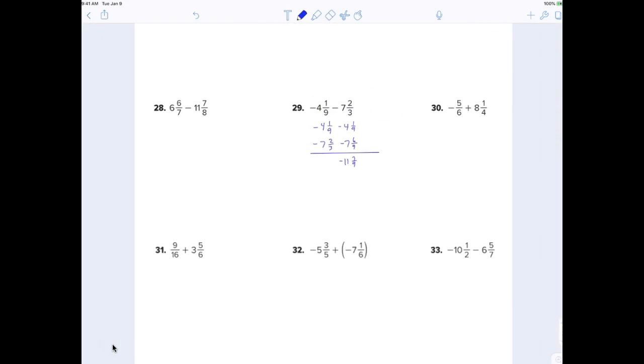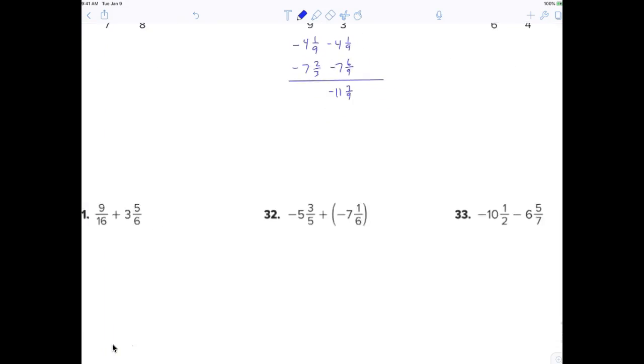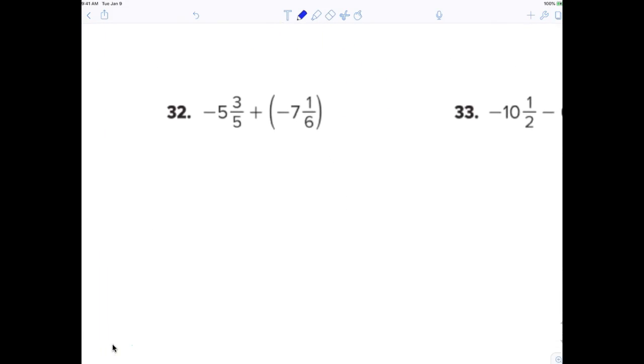I want everybody to take a look at 32. All right, this is a little bit harder. First of all, am I going to add these or am I going to subtract them? Tell me. You're definitely going to subtract them.